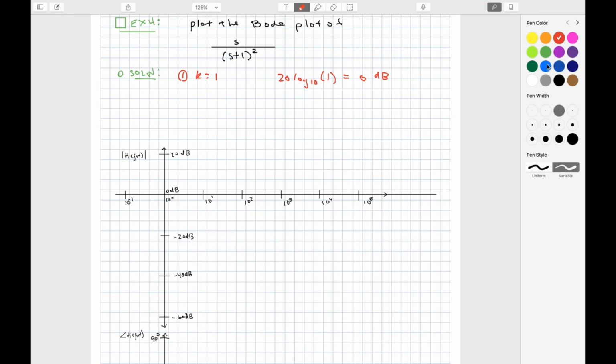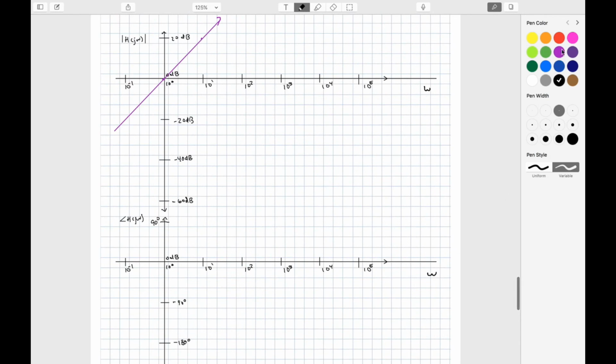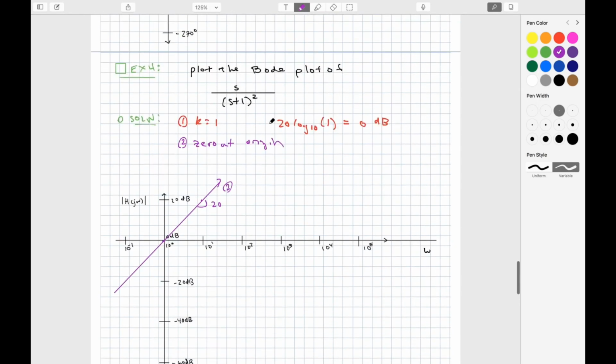Next, I have a 0 at the origin. The magnitude contribution of this goes up at 20 dB per decade, passing through 0 dB at 10 to the 0. And the phase contribution is plus 90 degrees. The slope is 20.